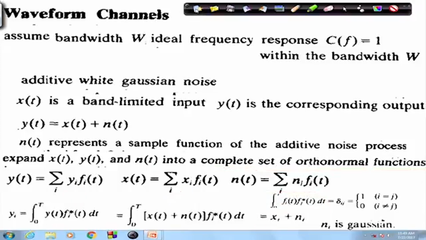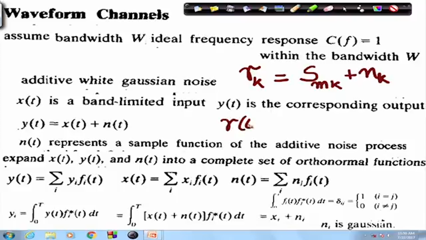So, finally, what we write is that y_k, or if we use our earlier notation, r_k, that is the kth component, is equal to s_m and its kth component plus noise and its kth component.